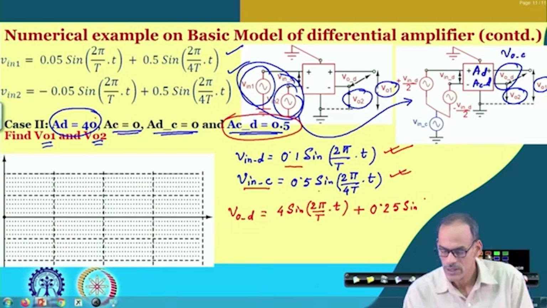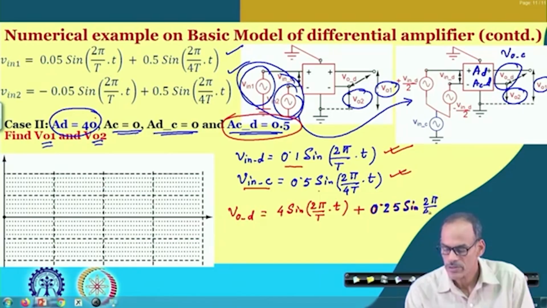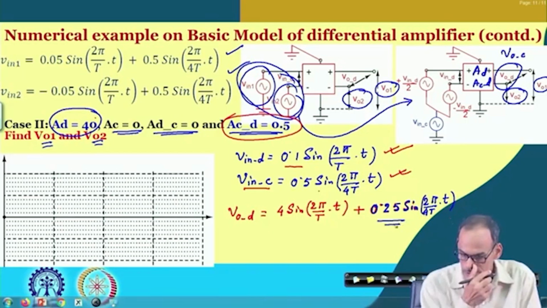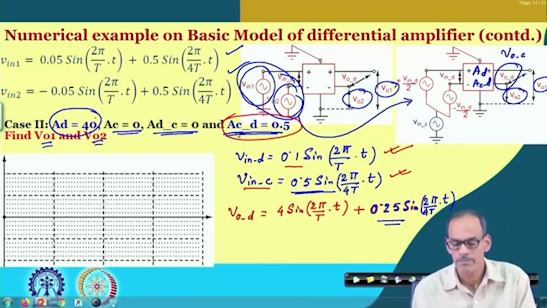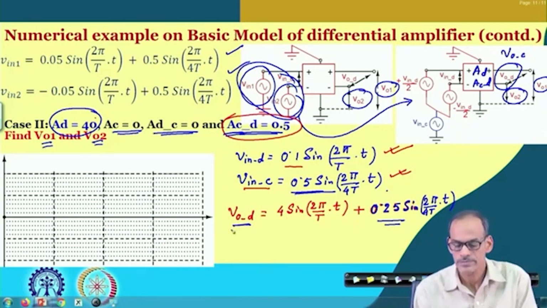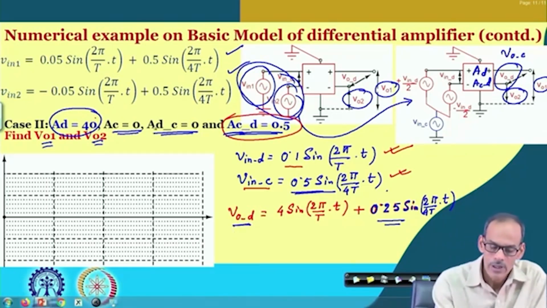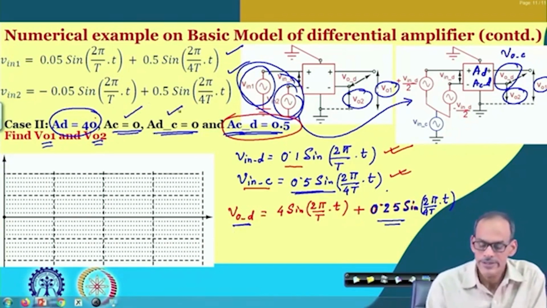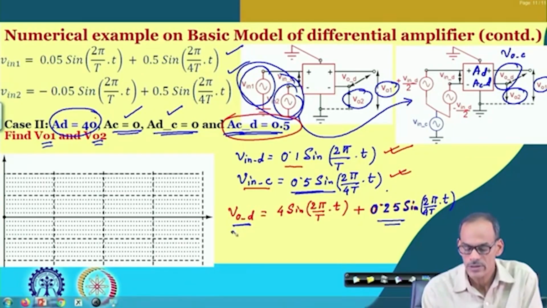I should use a different color just to say that this is the unwanted part, the common mode part essentially. So, sine 2 pi by capital T into t. Why do we have this one? That is because the common mode input is non-zero, and also because of ACD, this common mode signal is getting converted into differential form. And since AC and ADC equal 0, we can say that VOC equals 0.